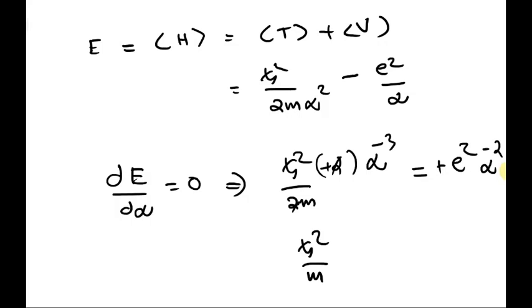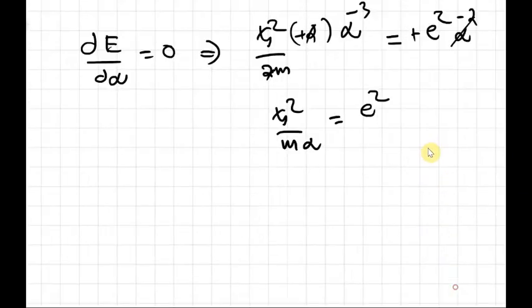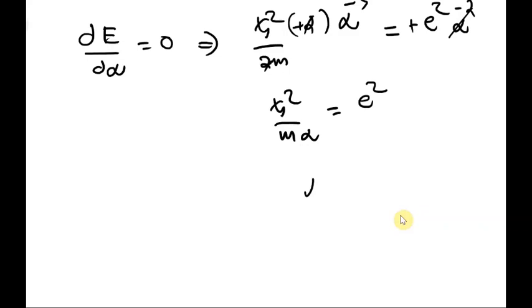Alpha cube, minus alpha cube, that means alpha square cancels here. So you have only alpha remaining, equal to e square. The alpha that you obtained is h cross square by m e square.